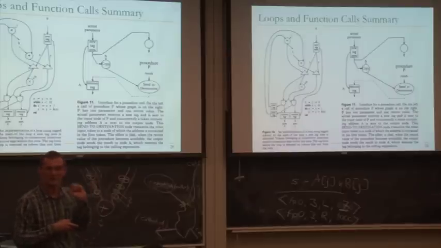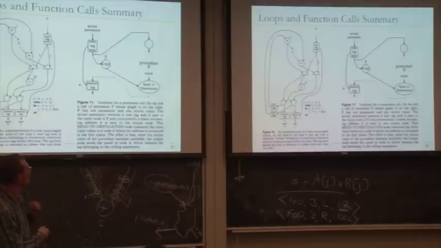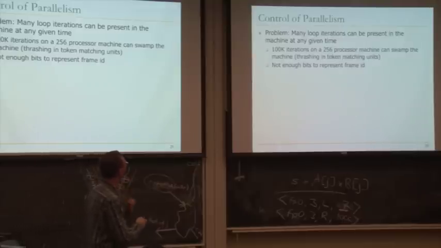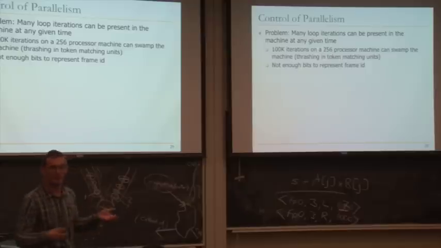I think your paper covered a lot of this. So one issue with these machines is many loop iterations can be present at the same time. Right? Think about 100,000 iterations in a loop, which could happen, and you have only 256 processing elements.